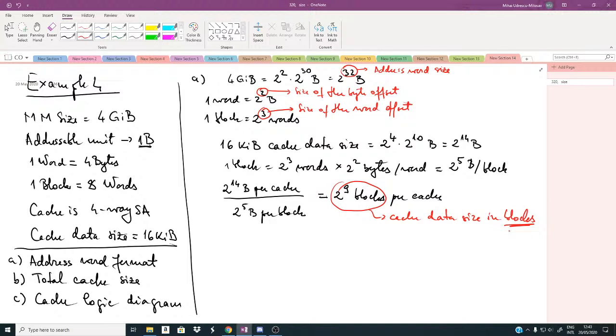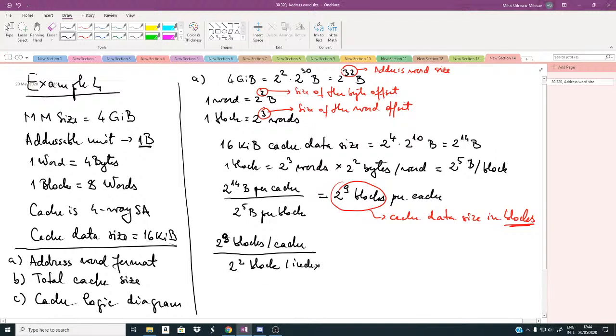This means that I have 4 memory banks. Therefore, I will have to divide 2 to the power 9 blocks per cache by 4, that is, by 2 to the power 2, to get blocks per index.